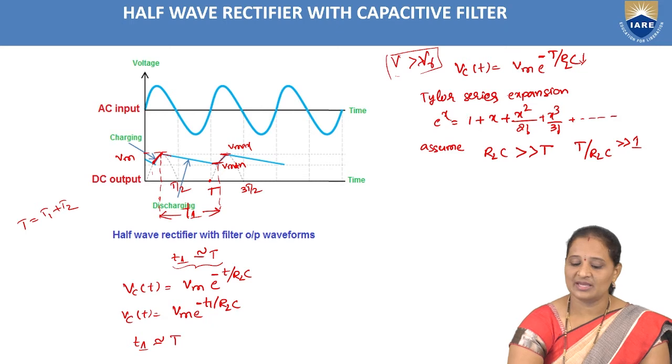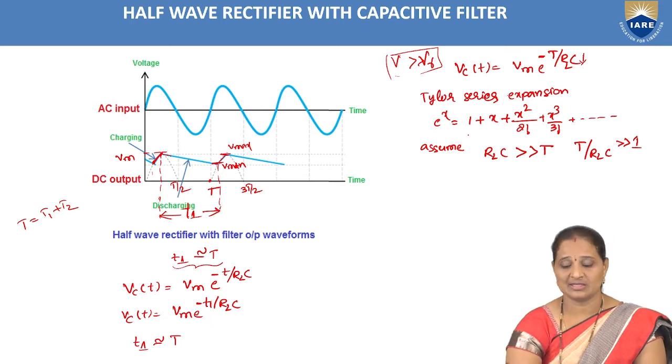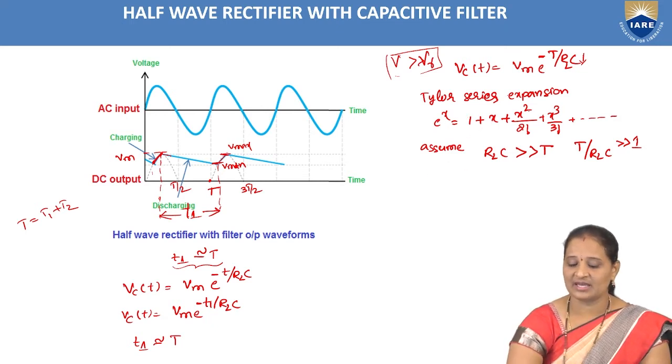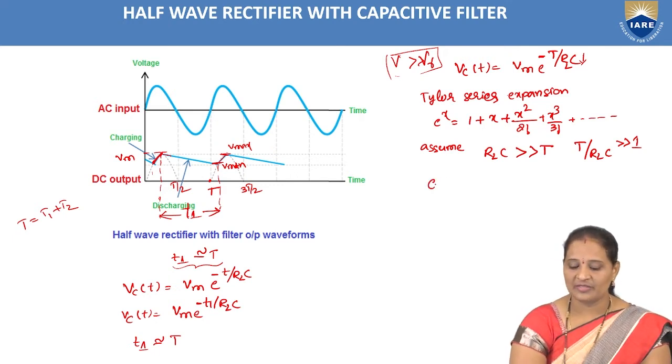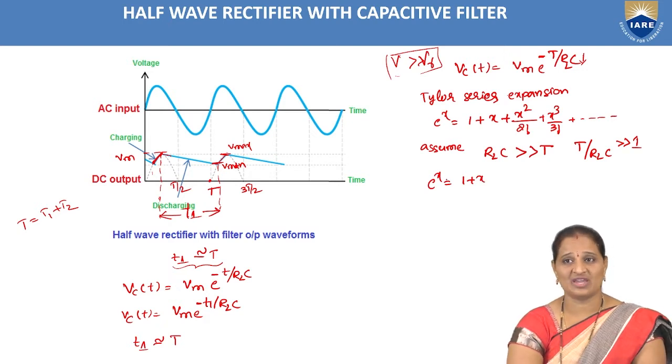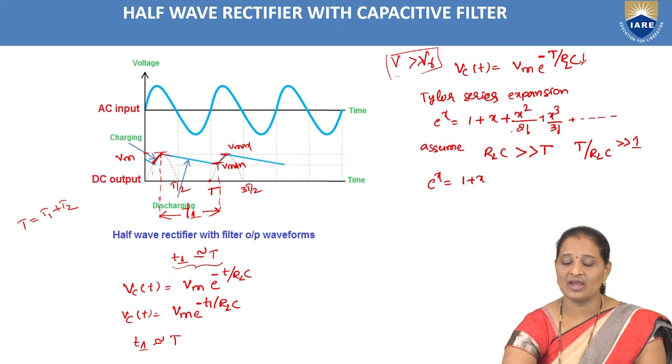That means x will be very small, and hence we can neglect all the higher order terms. Then e power x can be written as 1 plus x, because x is very small, so x square will be even smaller. That is why I can neglect all the higher order terms, and e power x can be approximated as 1 plus x.